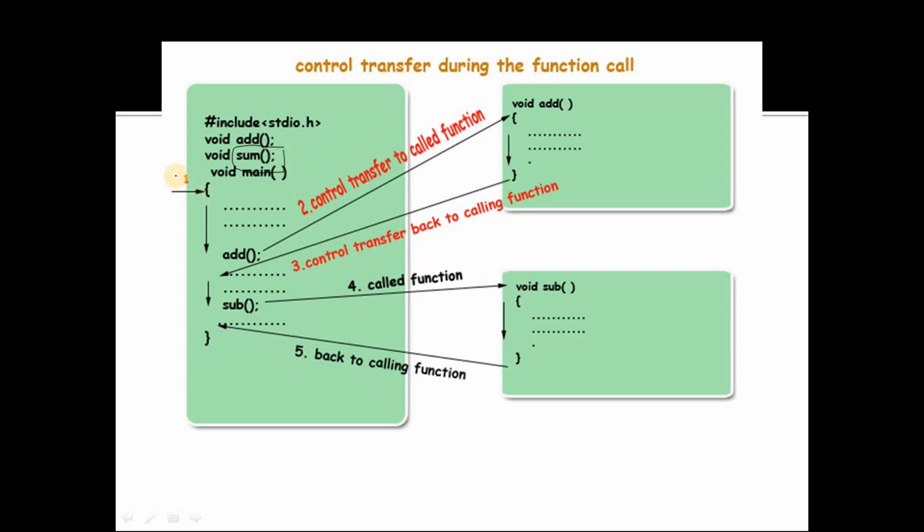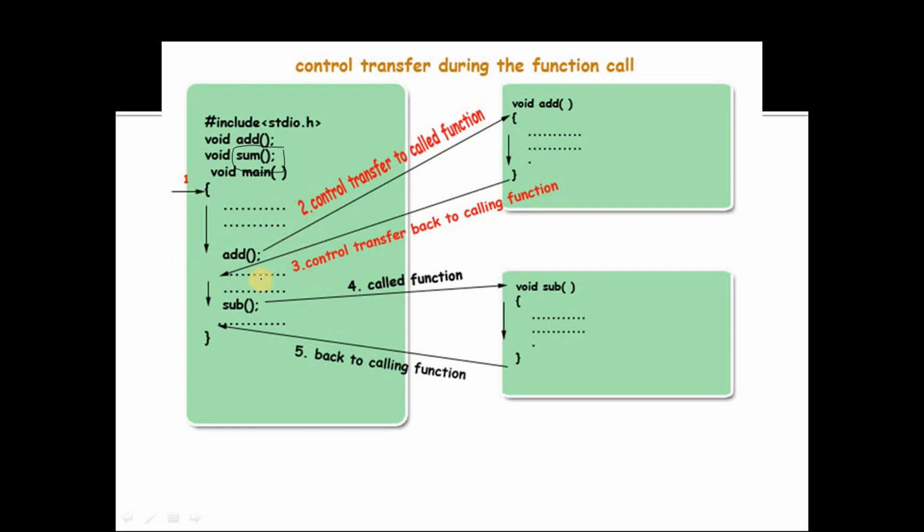First our control will start with the opening bracket of the main function, then it will continue till the add call, and then control is transferred to the add function. We are not passing any value to this add function, so no values are coming to add, and it will perform all the statements.